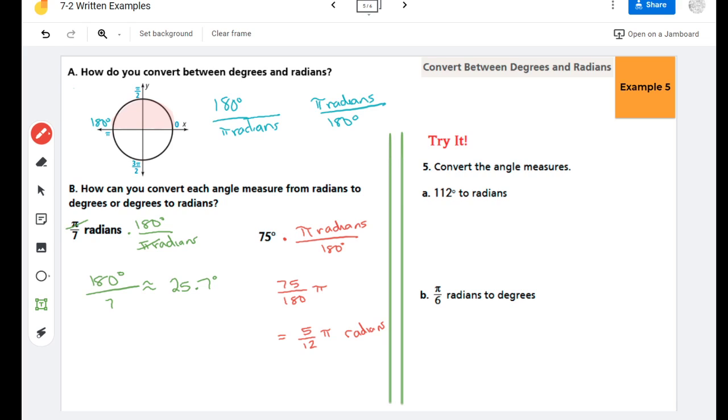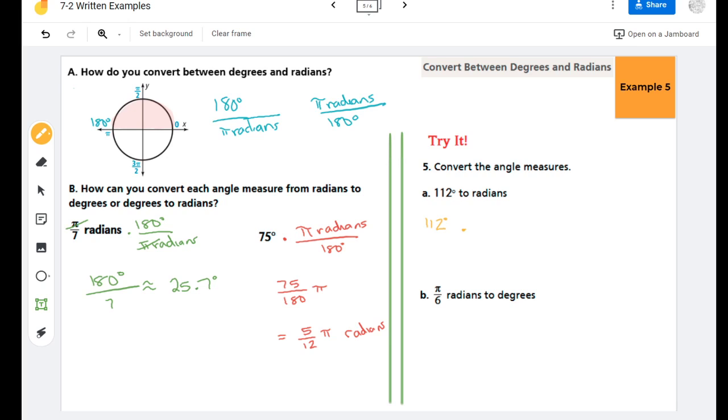Alrighty, so now we're going to do the try it, and we're going to do the same thing. Now what's interesting is when they do it on the try it in Savvas, they actually convert their radians to decimals, which is weird. I don't like it. I'm going to do it because that's what Savvas does, but I'm not going to like doing it.